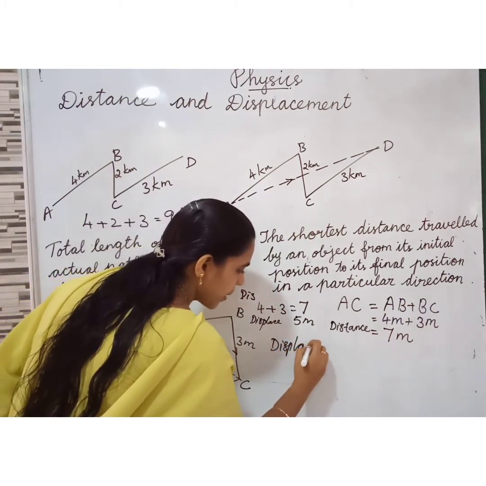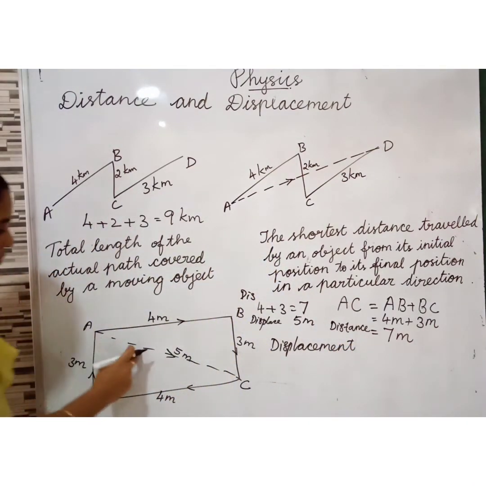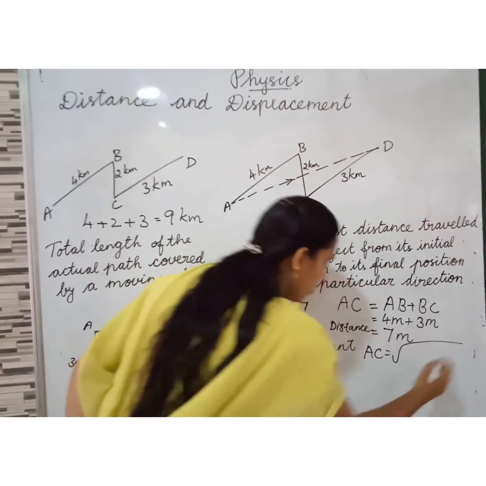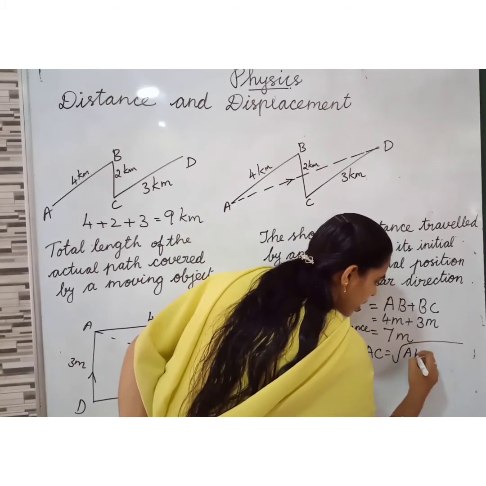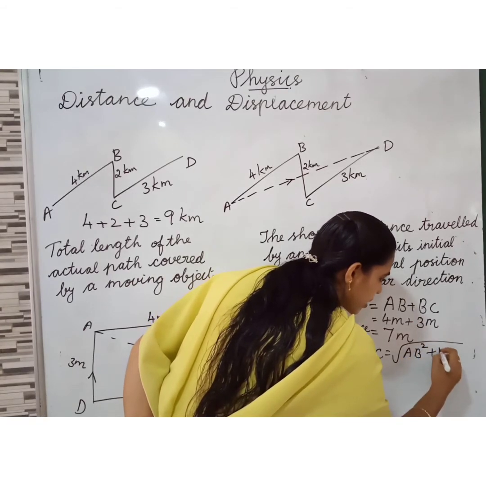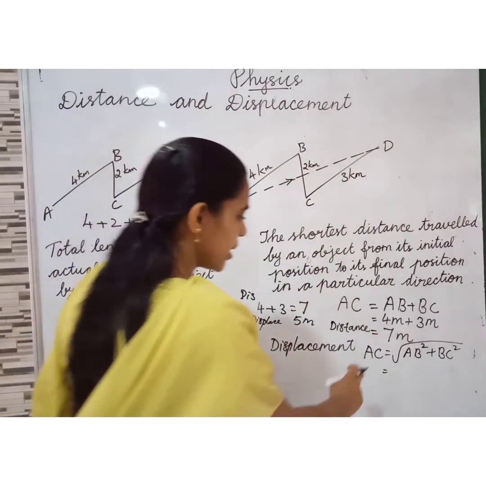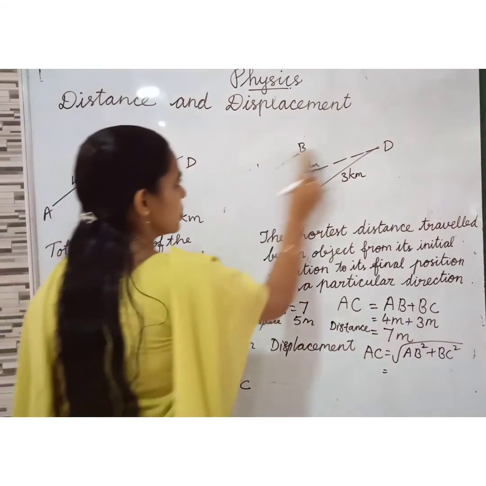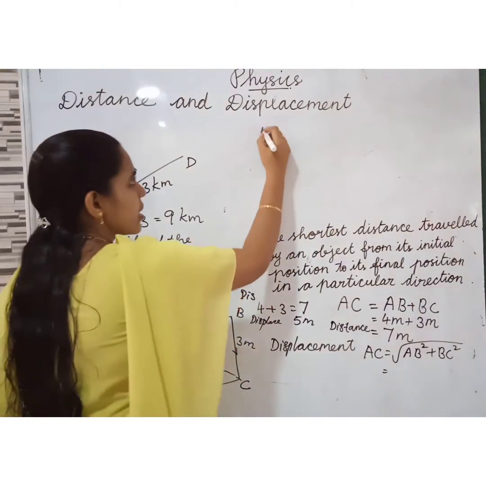Next one is displacement. For displacement, listen here, the formula: AC equals root of AB square plus BC square. What is the formula for displacement?